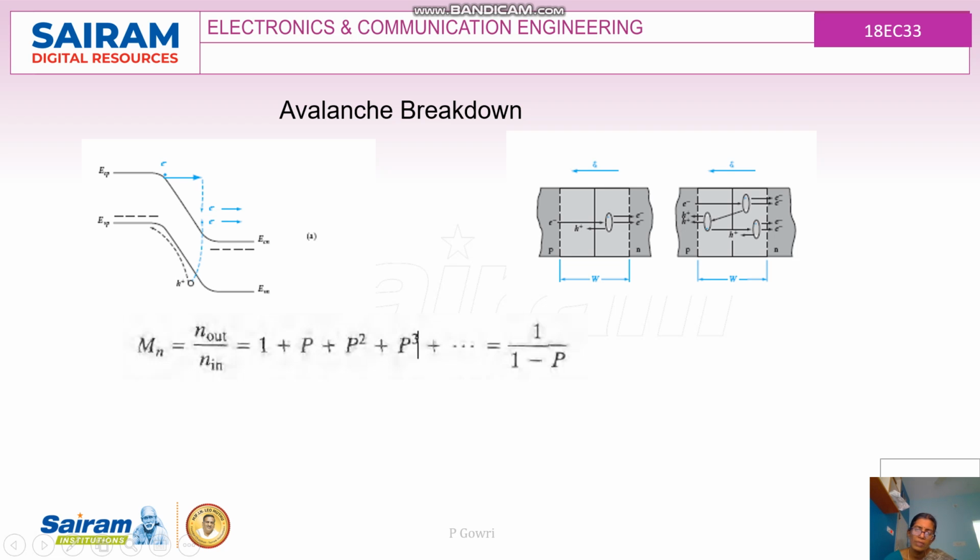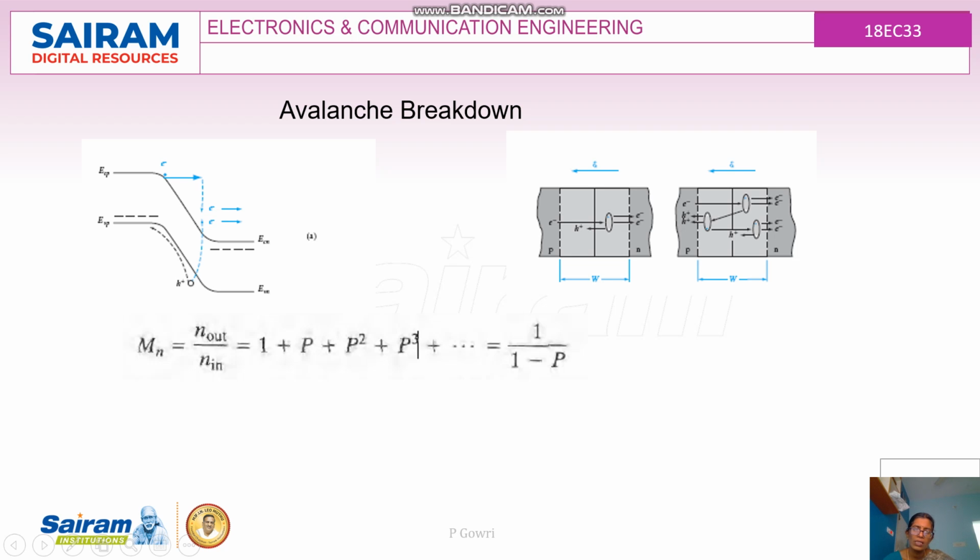Since there is a developed electric field, all the electrons created will be moving towards the n region, and the holes which are created will be moving towards the p region.